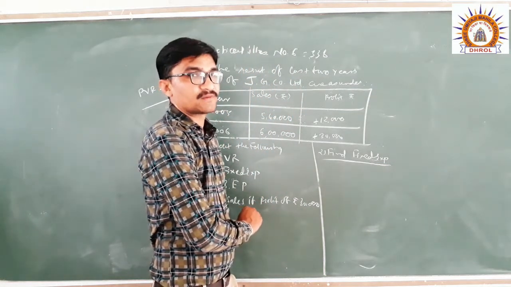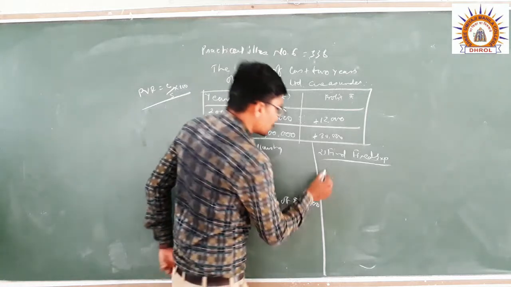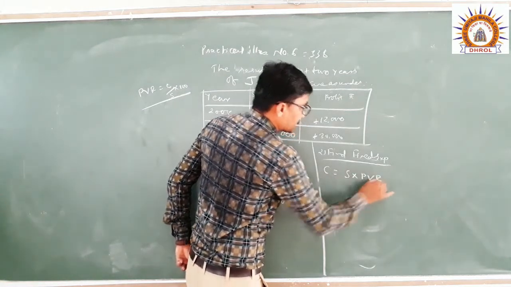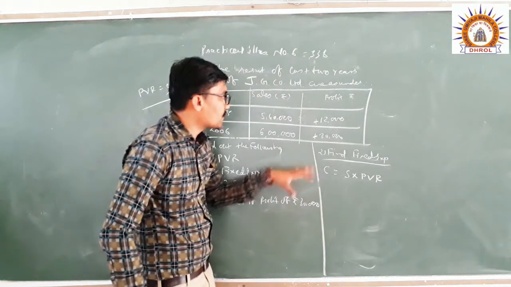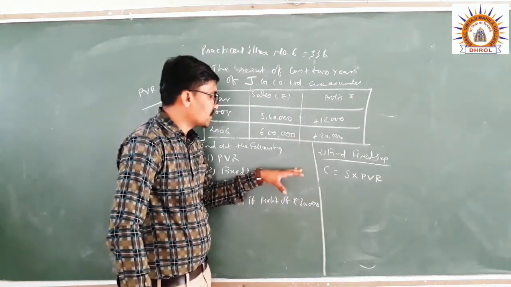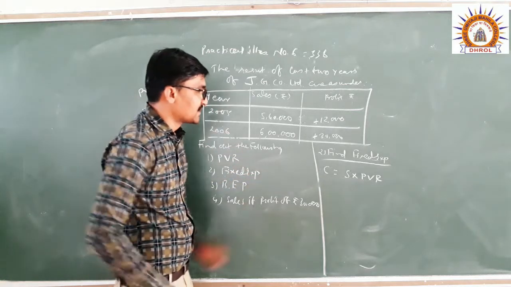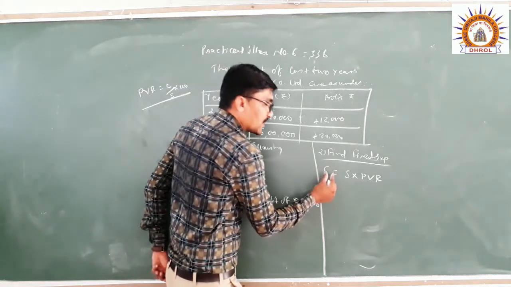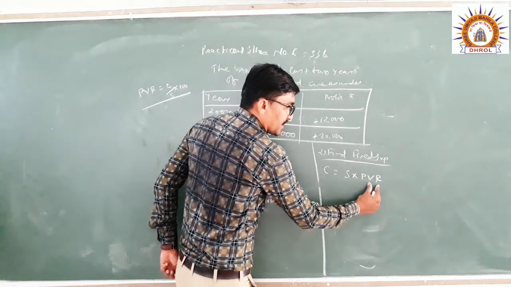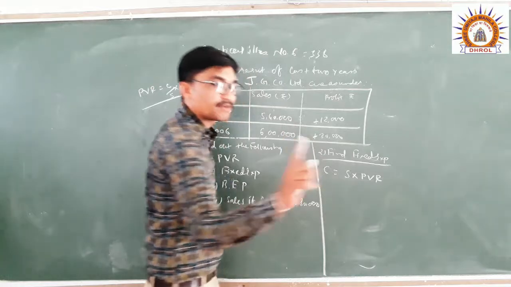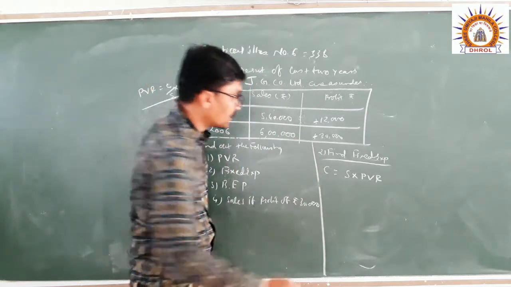So C is equal to S into PVR. If this type of information is given and you are required to calculate the fixed expense, then simply, contribution is equal to S into PVR. So before calculating the fixed expense, you should calculate the PVR.